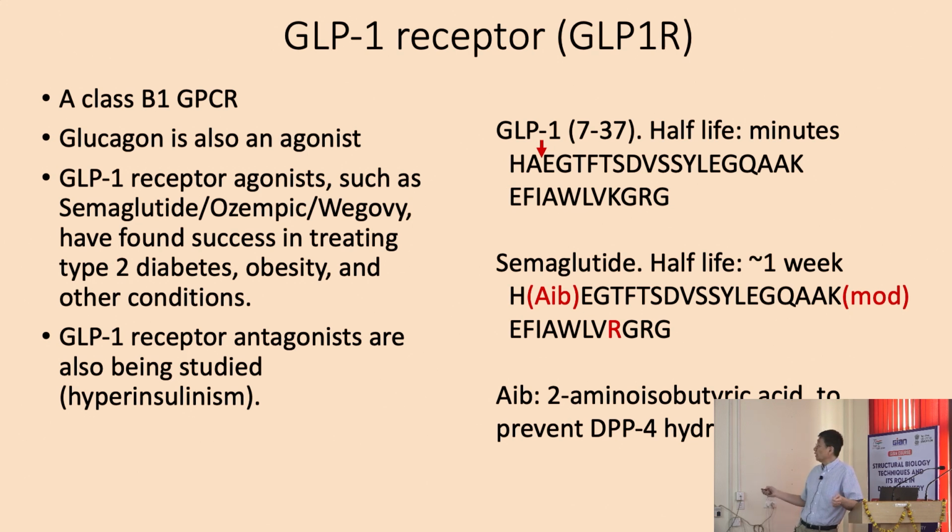And then the lysine is modified by a PEG group to enhance pharmacokinetics. And then this lysine is changed to arginine. So 3 changes. Now the half-life is 1 week in the body. So now it's a pharmaceutically relevant compound. And that's what you use. So you inject yourself with this peptide.